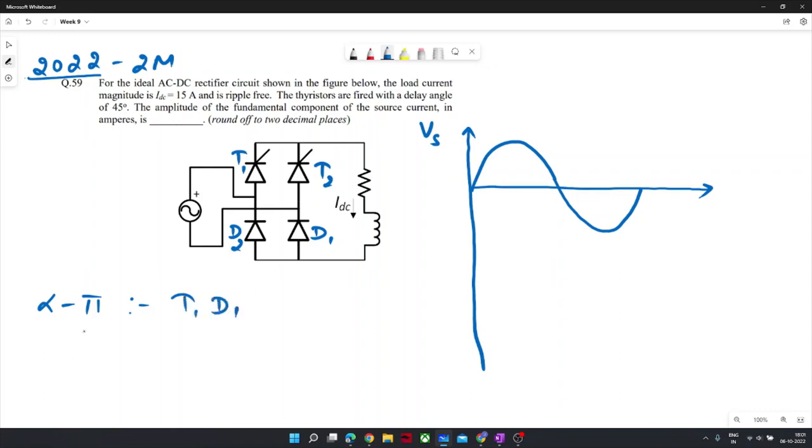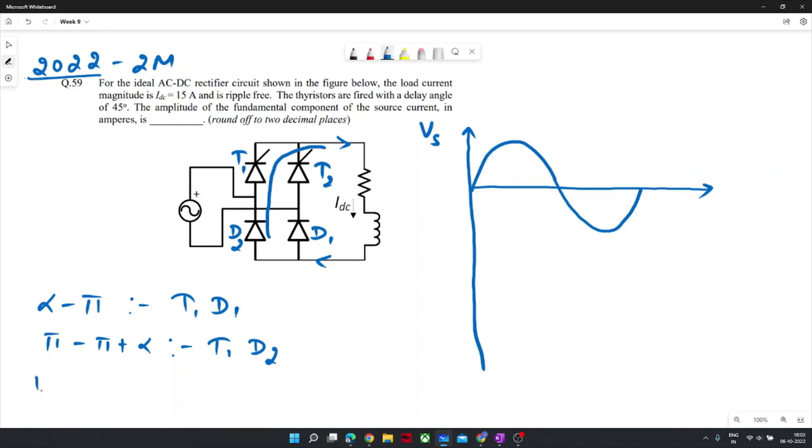From pi to pi plus alpha, since D1 will be off after pi, diode D2 will try to freewheel the current. Since no freewheeling diode is explicitly provided, current will freewheel through D2 and T1 and it will short the source. So current will flow in this manner from alpha to pi plus alpha, and the devices turned on during this period would be T1 and D2.